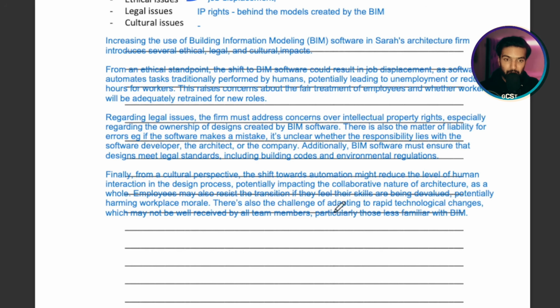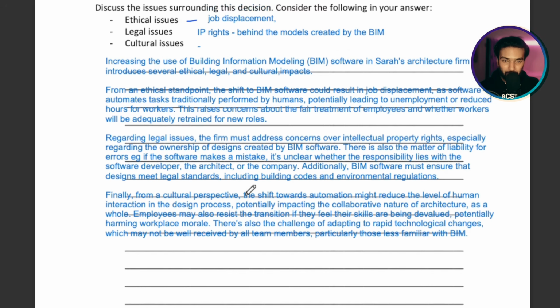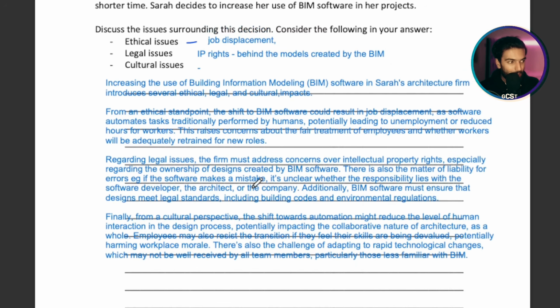There's also the challenge of adapting to these technological changes, which may not be well received by all team members, particularly, not to be offensive or anything, older people who want things the old traditional conservative way, because maybe they've gone to university and learnt the original way and now a software can do the same, so then they're not going to be happy about it. So that's what we mean by cultural perspectives, and this is how I would model this question.